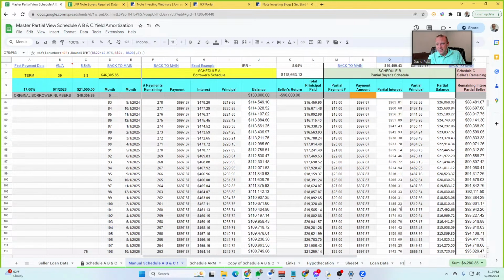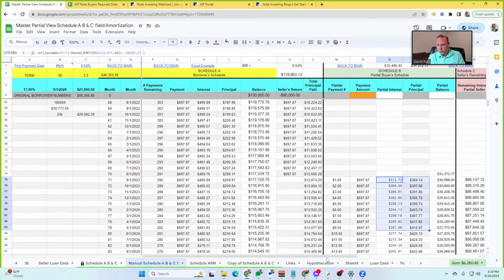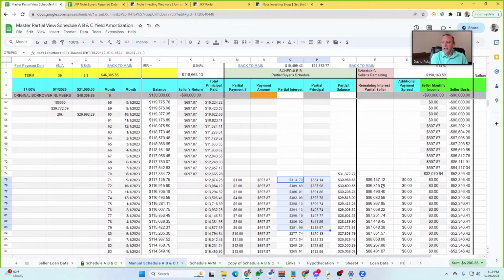The seller will have a running total of what is owed to him outside of this number. He's not promised anything more than what this one is minus this. So if at any time the borrower pays off, the seller, me, receives the difference between this and this number.